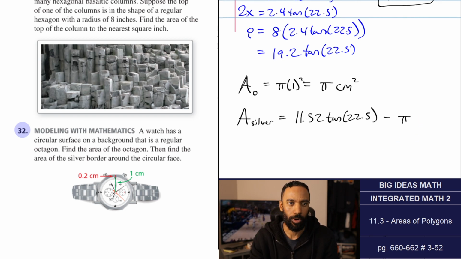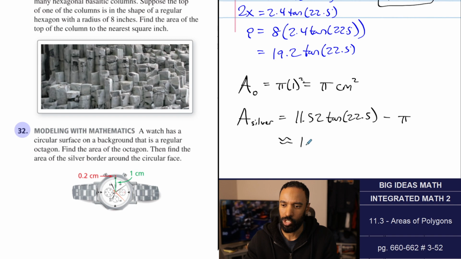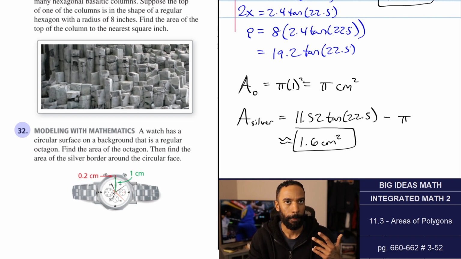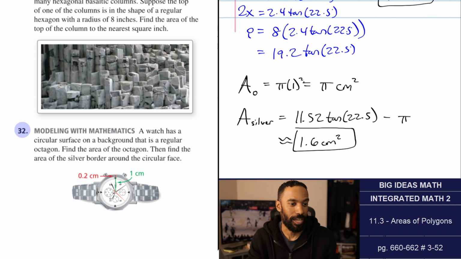We take the circle portion out, that 3.14 bit. I'll do that in my calculator, minus pi, and I get 1.63. So around 1.6 square centimeters will be the area of just the silver portion, taking out the watch, the actual clock facing the circular portion there.